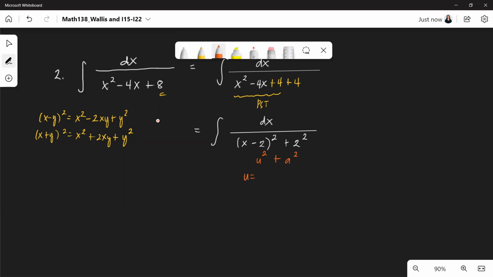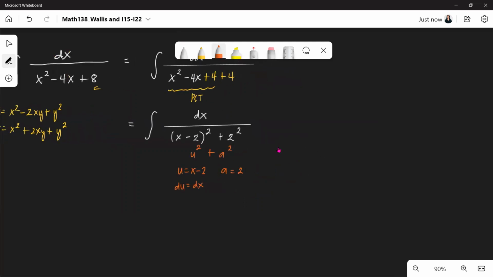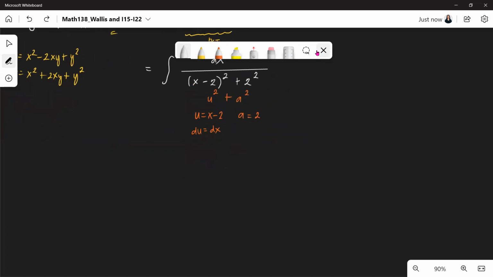So u is x minus 2, du is 1 dx, or just dx. A squared is 4, or you can just write a as 2. So no need for a neutralizing factor.